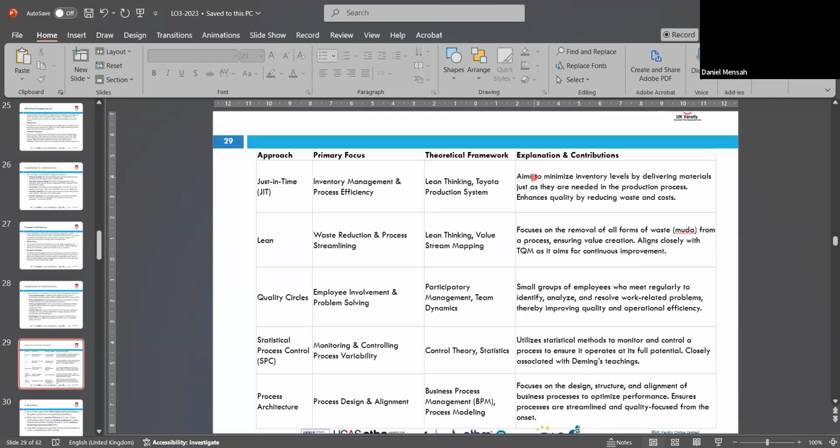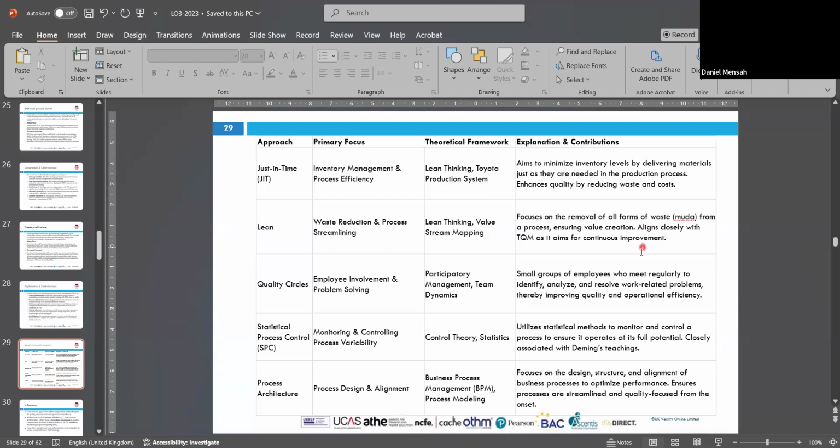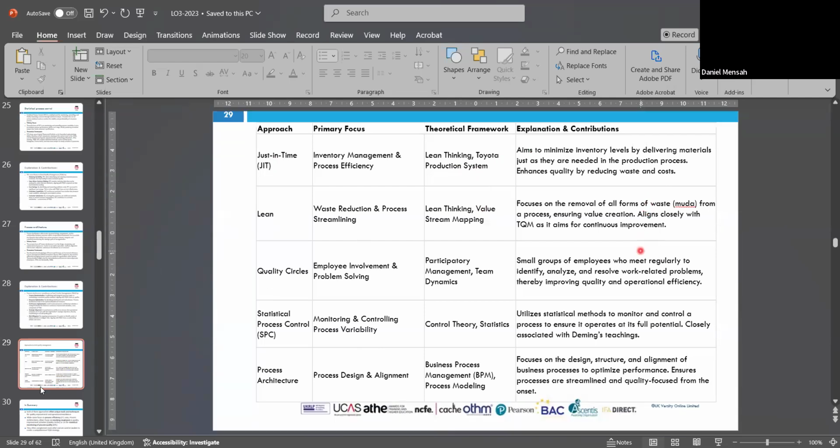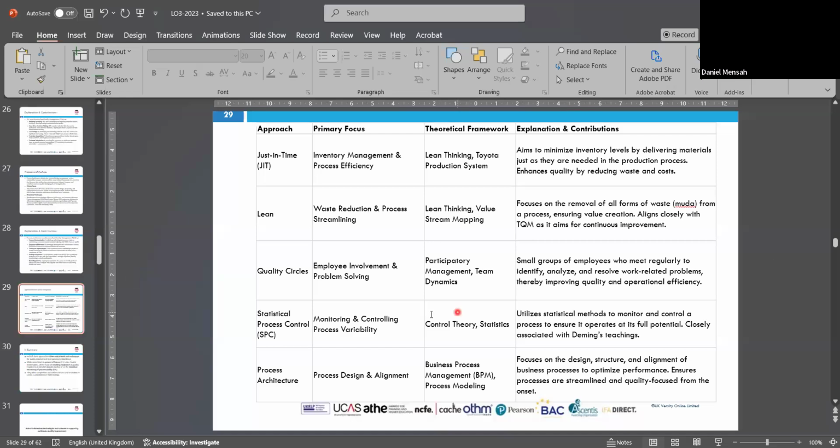And then it is also telling what kind of theoretical framework or what kind of principle they are integrating in these approaches, and then the explanation, contribution, or implication of these approaches for the quality management field.